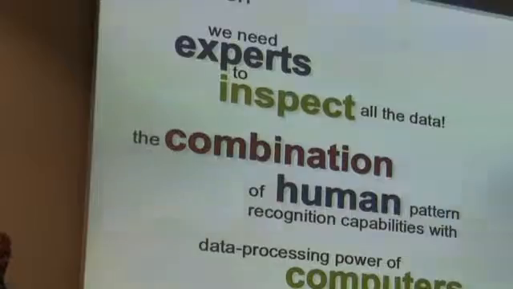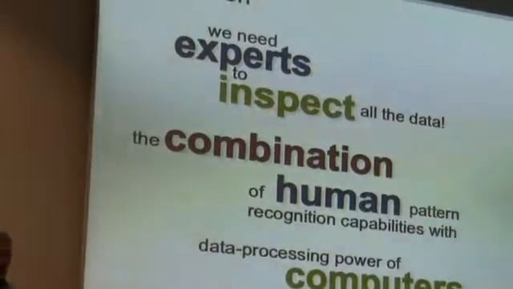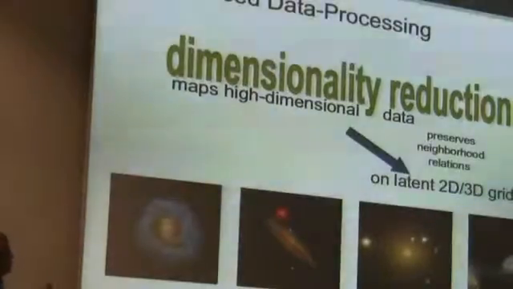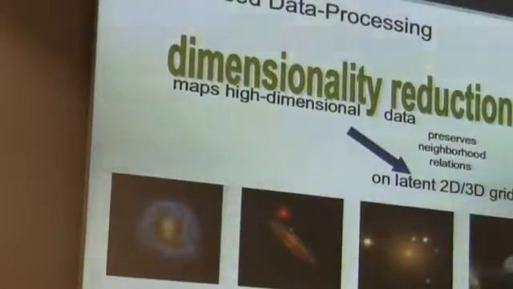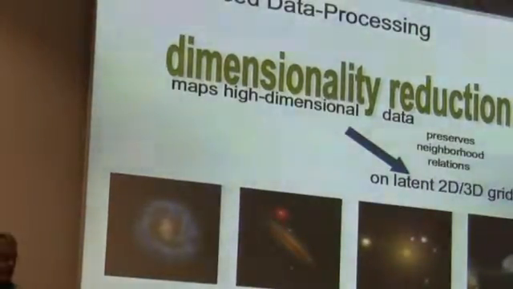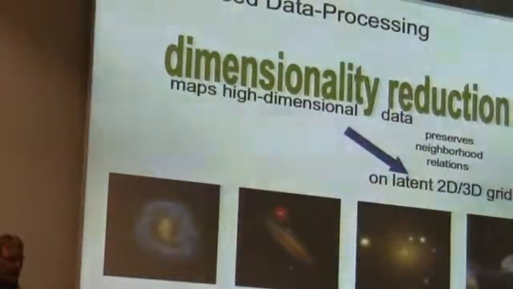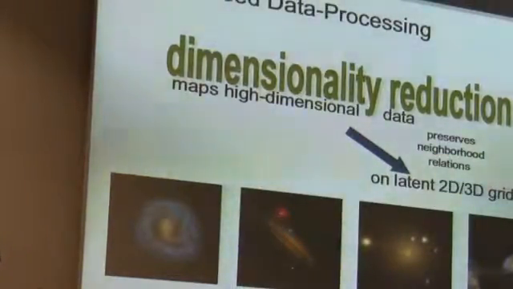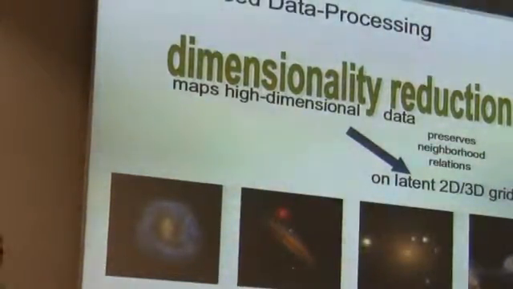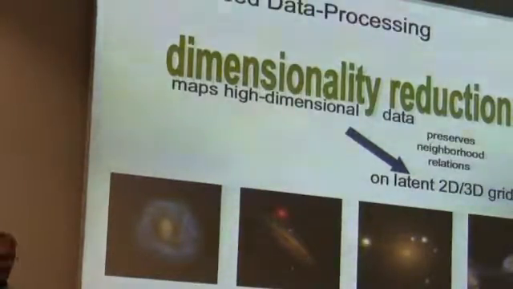We really need a combination of the human pattern recognition capabilities with the pure data processing power of computers we have nowadays. And so we thought of using an unsupervised data processing approach, dimensionality reduction, where you take high-dimensional data. In this case, it's galaxies from the EFIGI sample from Sloan, 4,500 nearby galaxies, and put them on a fixed 2D or 3D grid.